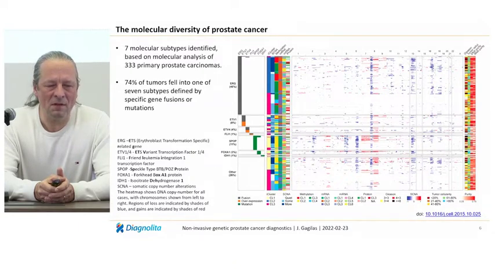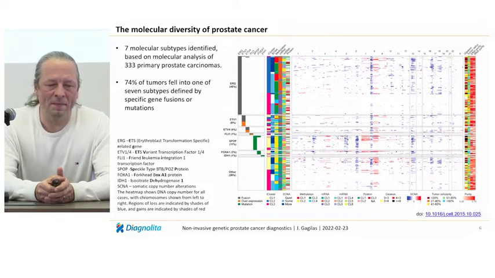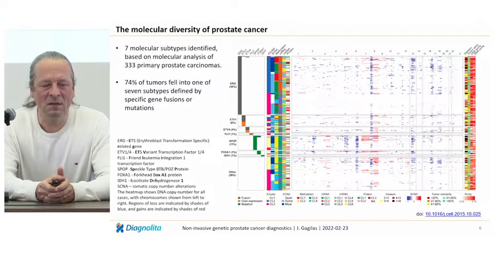Also, about 11% of tumors have SPOP mutations, and a very interesting thing is that these tumors which have SPOP mutations do not have these fusions. So it's quite a separate group of tumors. There are also 2 small groups, FOXA1 and IDH1. All these 7 groups of cancer contain about 74% of all tumors.